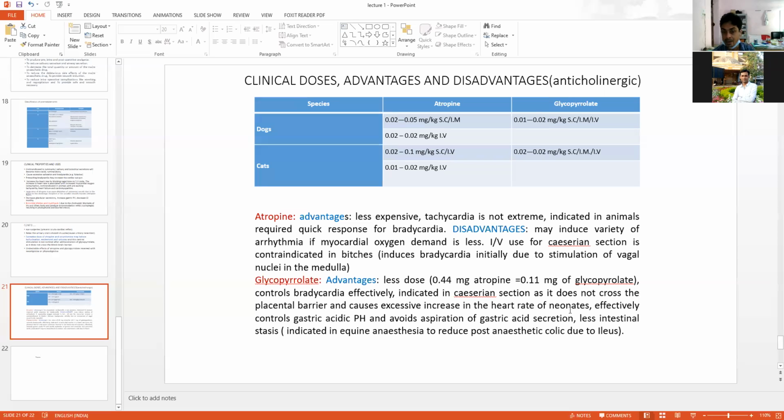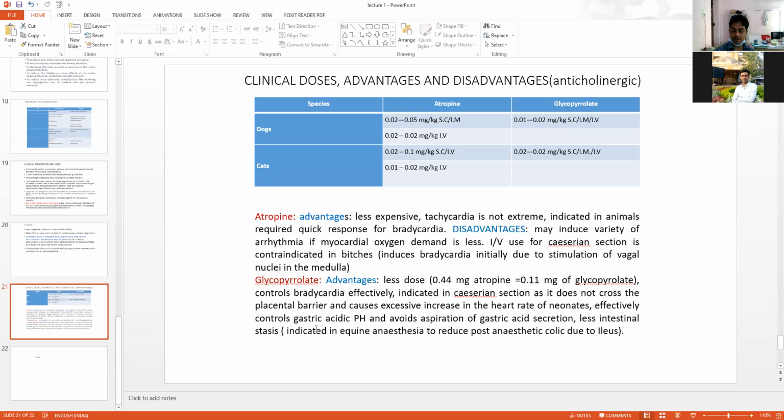This is why atropine is not recommended for cesarean section and why glycopyrrolate is used. Atropine cannot be given in case of a pregnant bitch, and glycopyrrolate is recommended because it does not cross the placental barrier and does not cause excessive increase in heart rate of newborns.